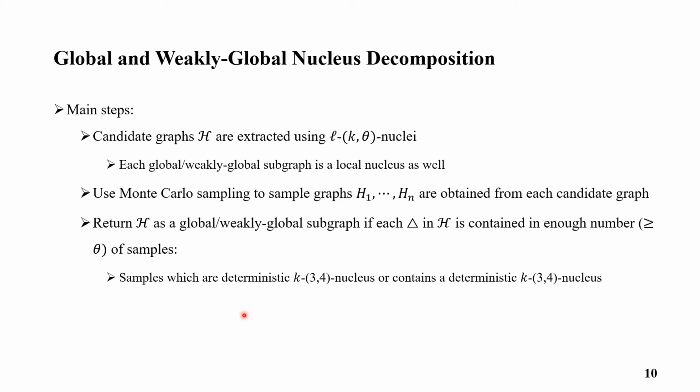And then for each candidate H, we check whether triangles in H are contained in enough samples that are a deterministic K3 and 4 nucleus or contain a deterministic K3 and 4 nucleus.